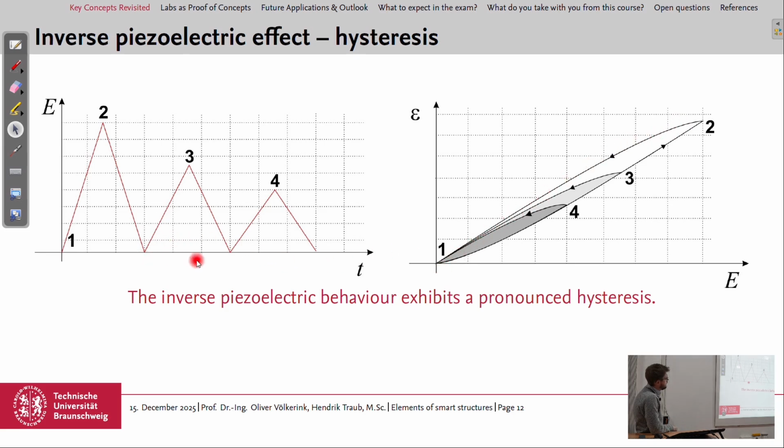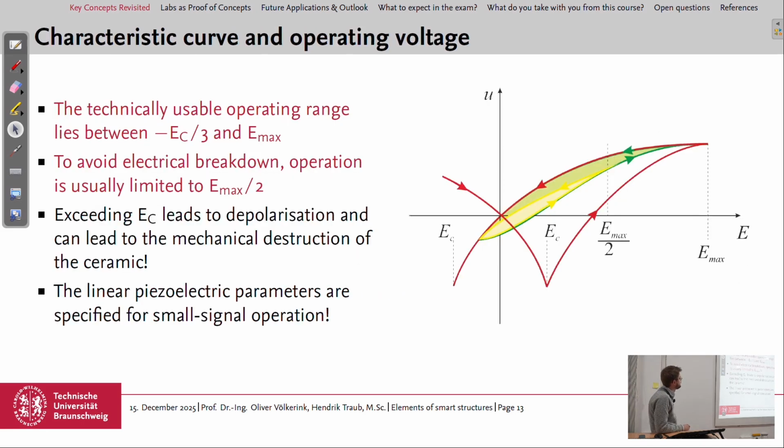So we are here now. The area between these two lines is the hysteresis, a measure for the loss. And if we go up to point 3, so a smaller electric field than before, then also the hysteresis is smaller. And this is the inverse piezoelectric effect because we apply a field and want to use a deformation or elongation.